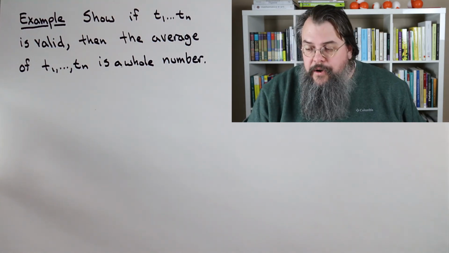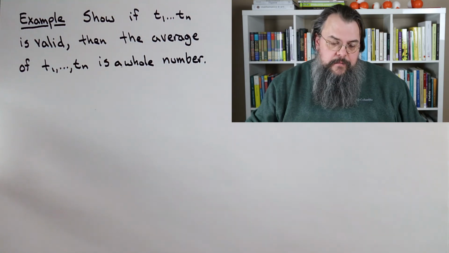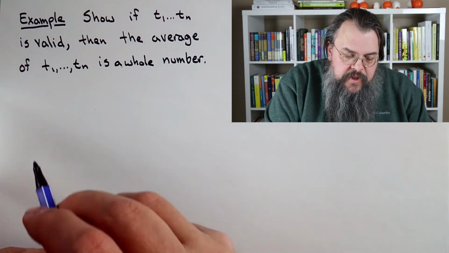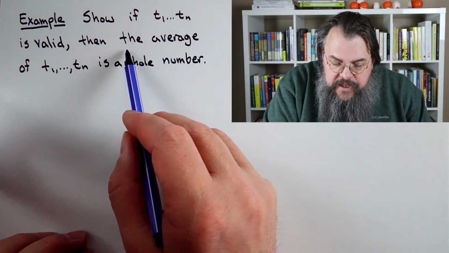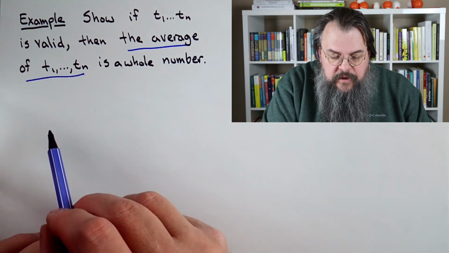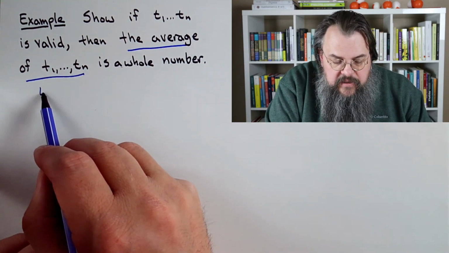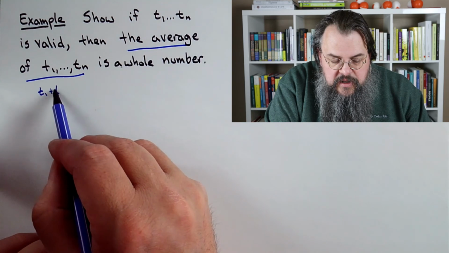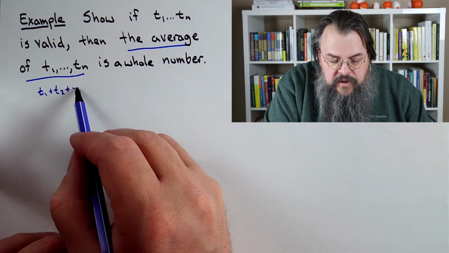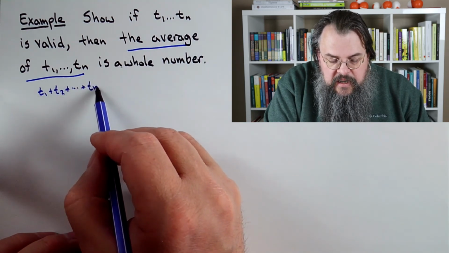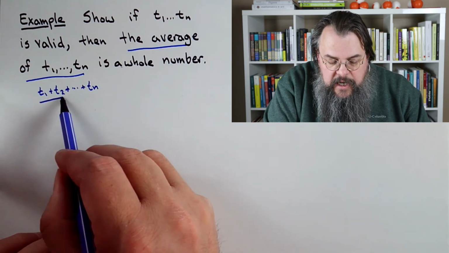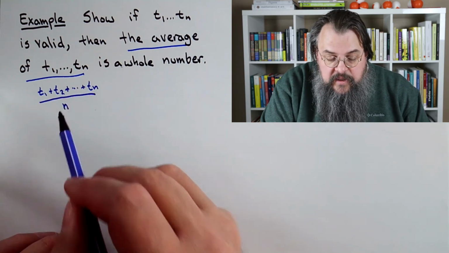So we know we have a valid pattern that can be juggled. Okay, and we want to show that the average of these numbers is a whole number. So what's the average? Well, it's T1 plus T2 plus so forth and so on up to Tn, and then you divide by how many numbers there are. In this case, divide by n.